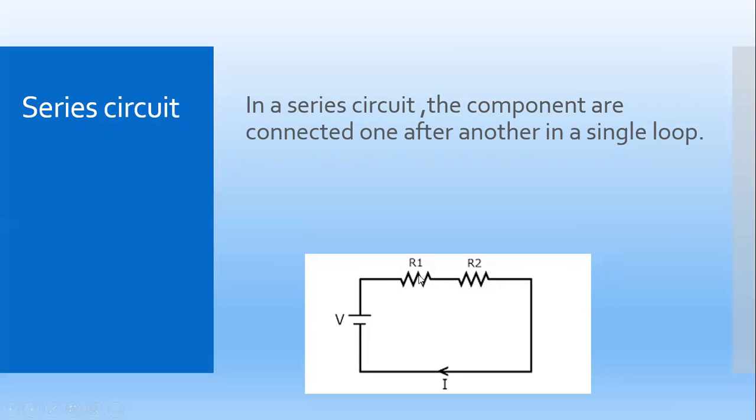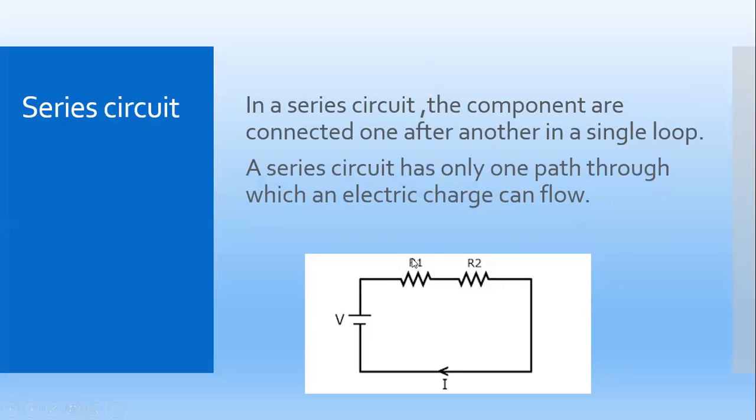Both the resistors are connected in series because the components are connected one after another in a single loop. A series circuit has only one path through which an electric charge can flow. You see, only one path, this path. The charge can flow. I is used for current.